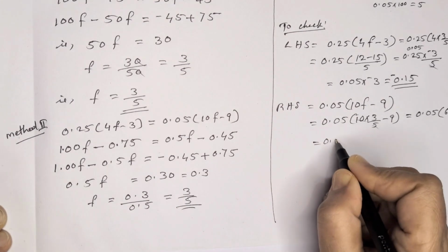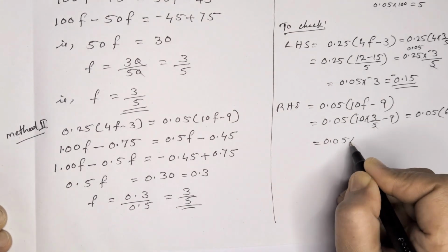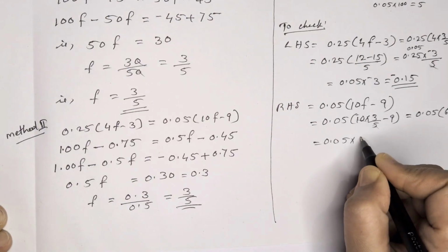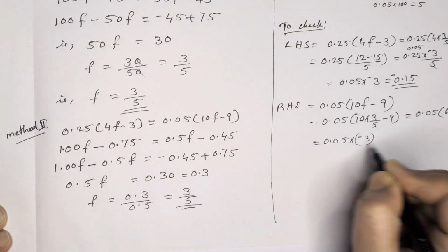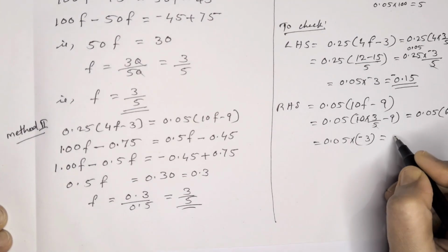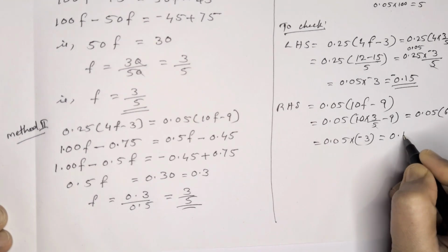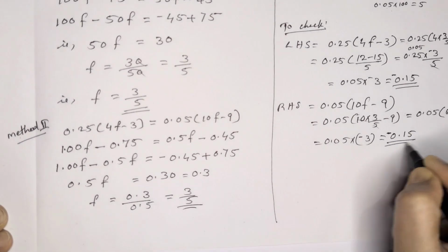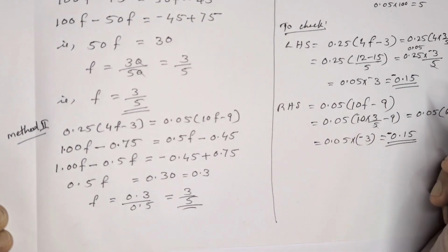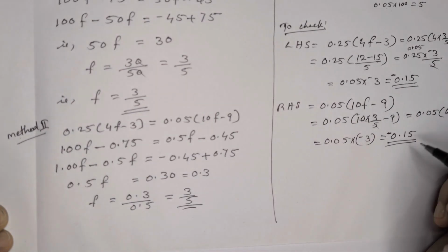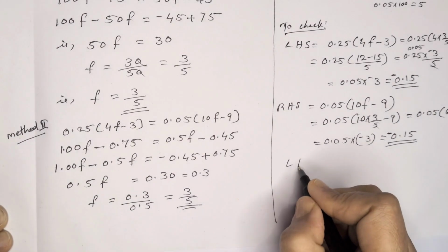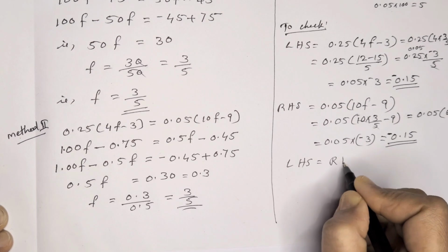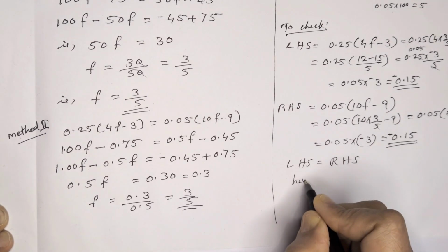It's equal to 0.05 into 6 minus 9, which means minus 3. So when you are multiplying, that means minus 0.15. Now we can see both the answers are same, minus 0.15. So we can write LHS is equal to RHS. Hence verified.